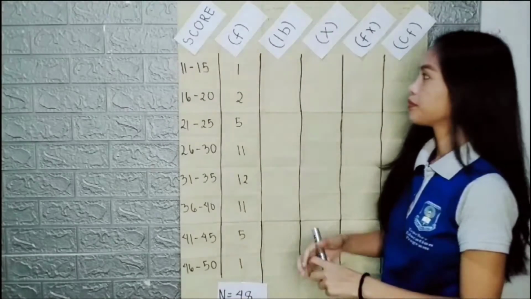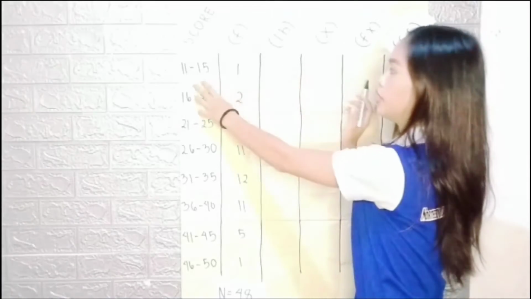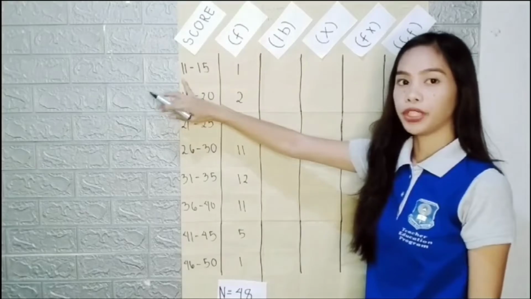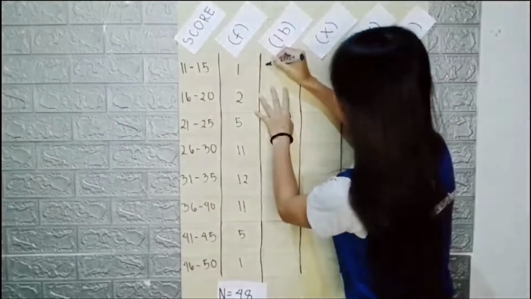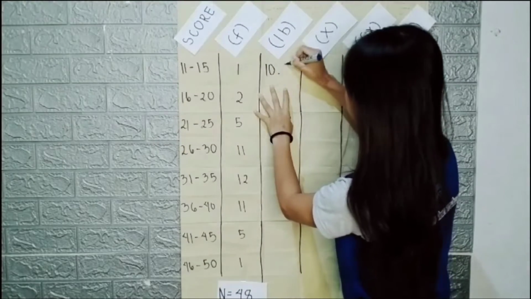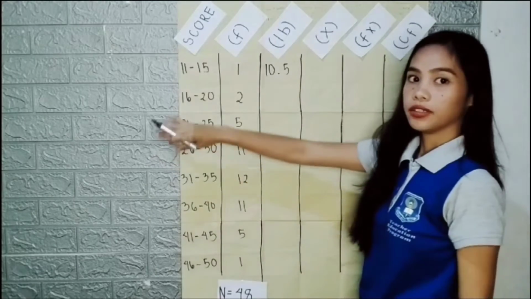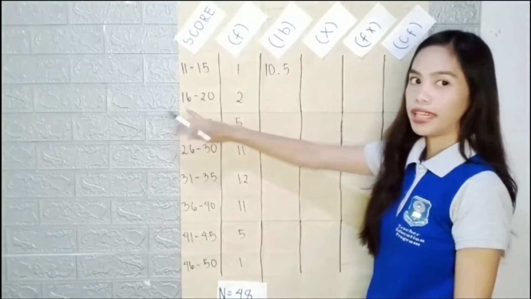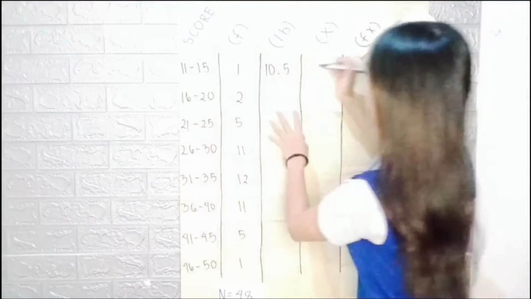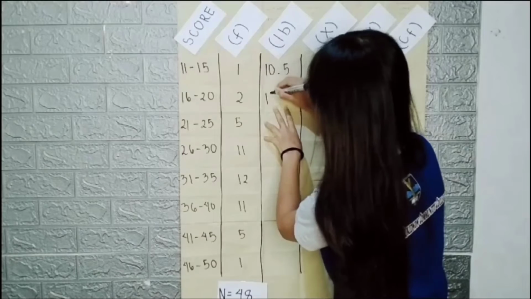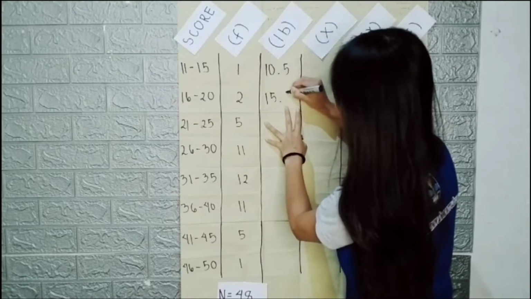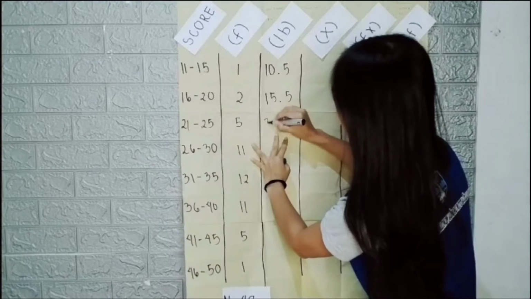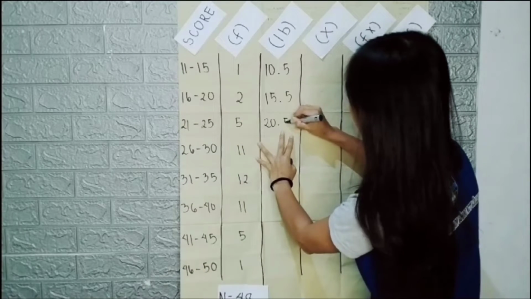So here, our first lower limit is 11. So 11 minus 0.5 is equal to 10.5. As for 16, subtracted by 0.5, it is equal to 15.5. And 21 becomes 20.5.